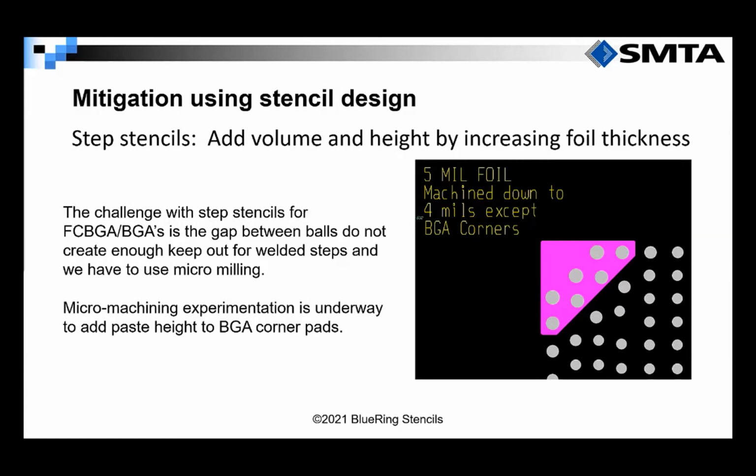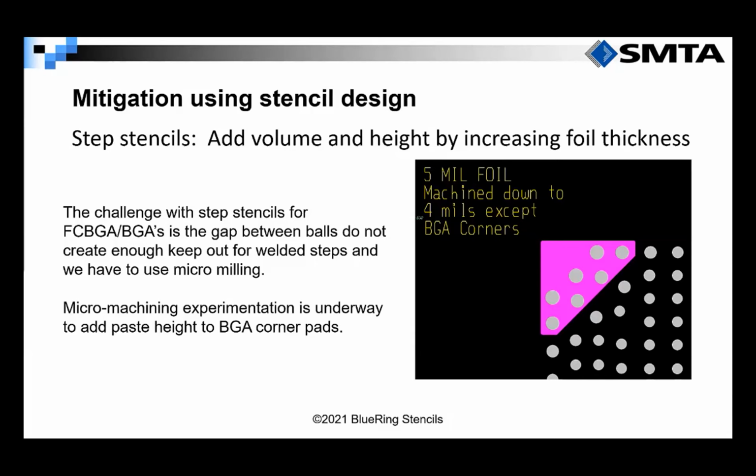Let's use the image shown here as an example. If we want this pink area to be 5 mils and the rest of the stencil to be 4, we would need to measure the distance between those apertures and apply the dimension to the keep out zone to decide which step technology can be used. In the example here, there's not enough keep out to use a welded step, so we would need to use a micro machine process.